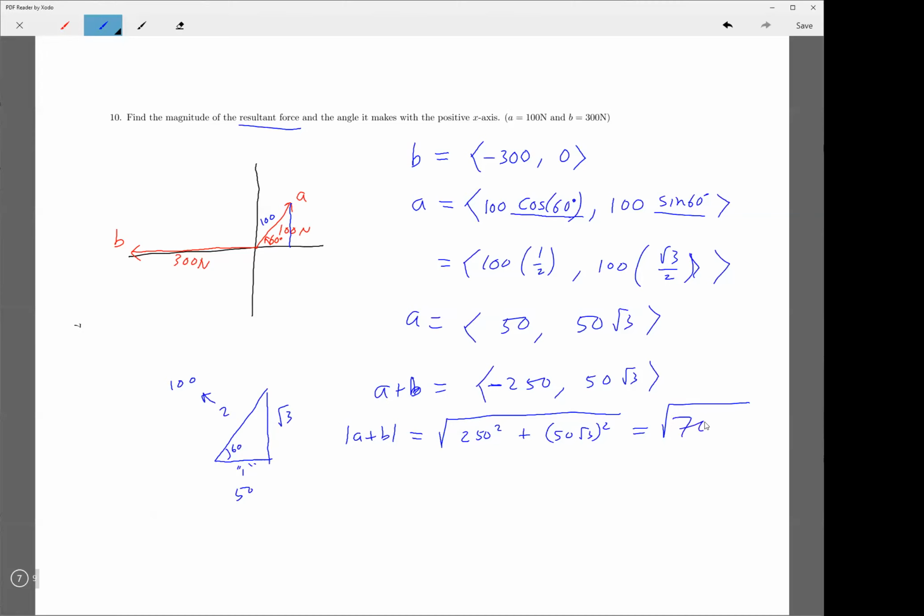So the square root of 70,000. I get approximately 264.6. So that would be the first answer, 264.6.